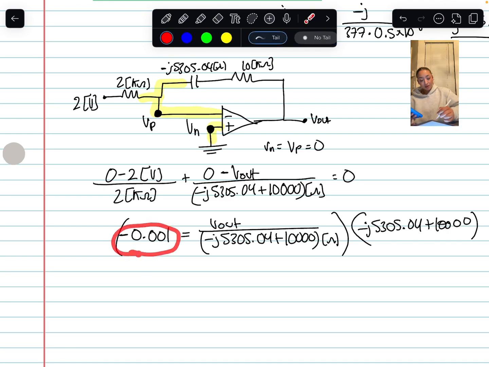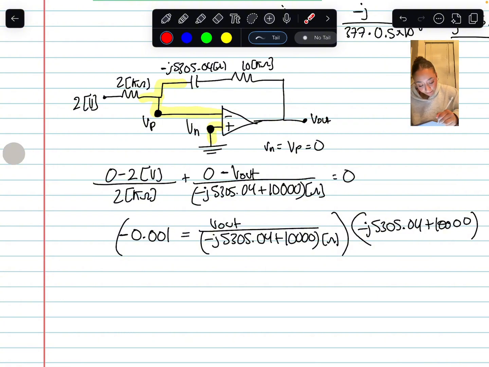I'm going to write out in my calculator this times this, and I'll see what I get for my value. And never forget your imaginary i, because that creates your value.